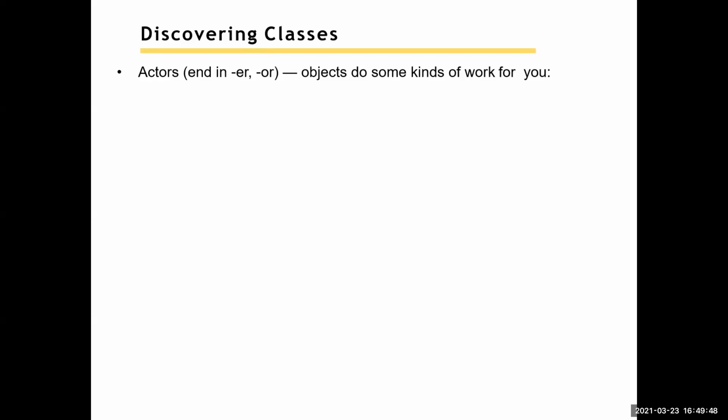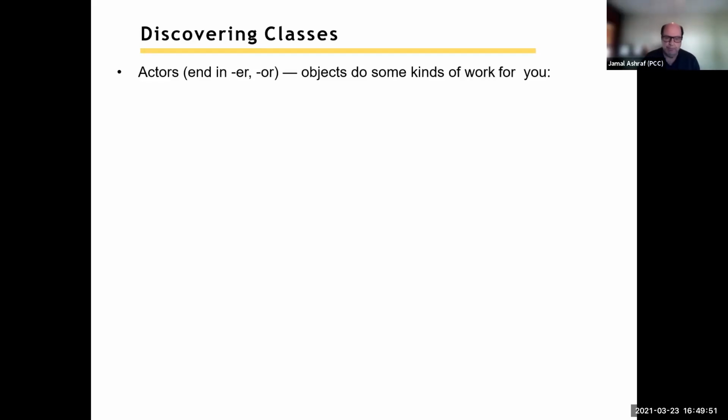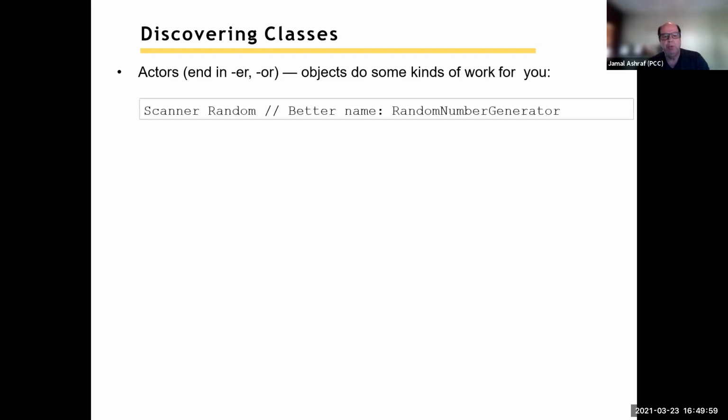So we can think about the actors that have ER or OR at the end. When we create an object or we are looking at that object, then we can name them better. If I have an object called Random versus an object called RandomNumberGenerator, you can see the generator part of it makes it more familiar as an object.